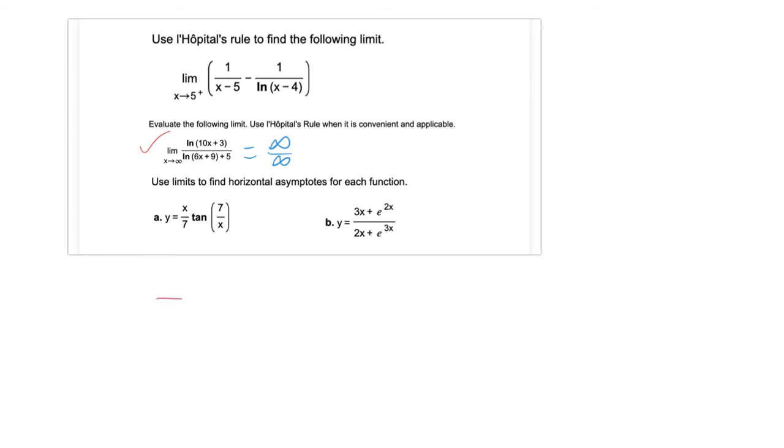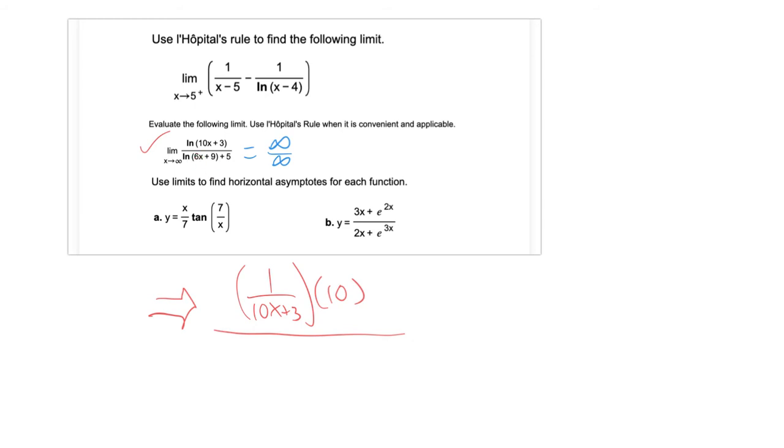take the derivative of the top and bottom, and that would be 1 over 10x plus 3 on top times, it's a chain rule situation, times the derivative of 10x plus 3, which is just 10. I'm going to simplify that later to make it look a little better.